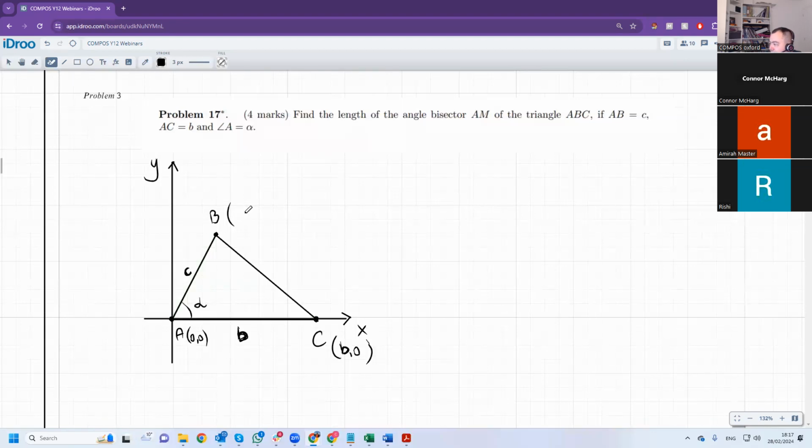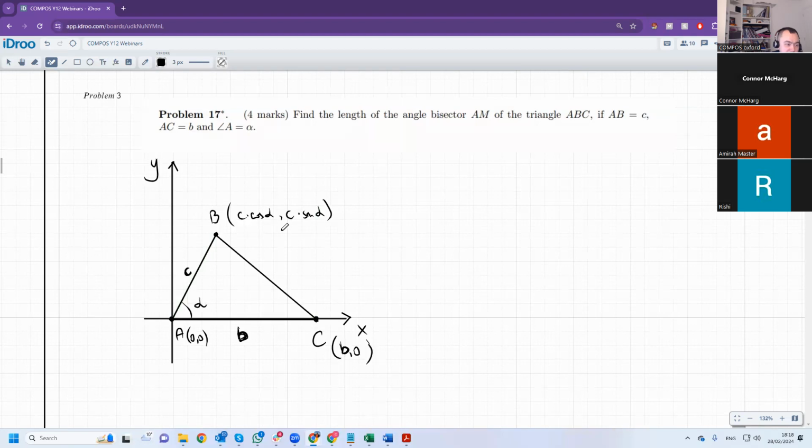Very good, c cos alpha, c sine alpha, not 0. c cos alpha and c multiplied by sine alpha.